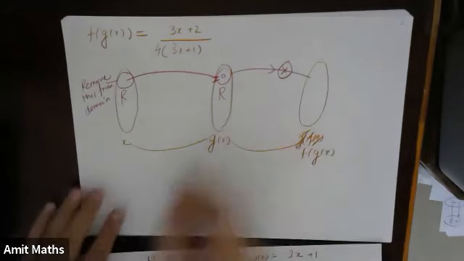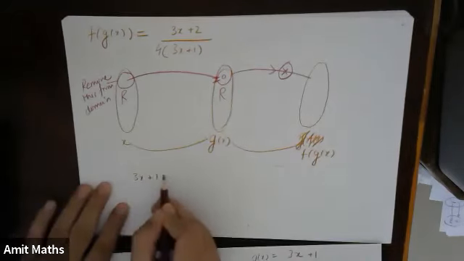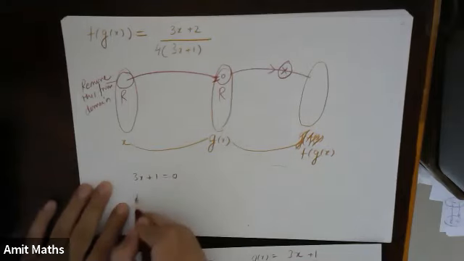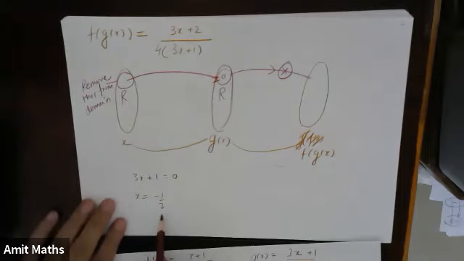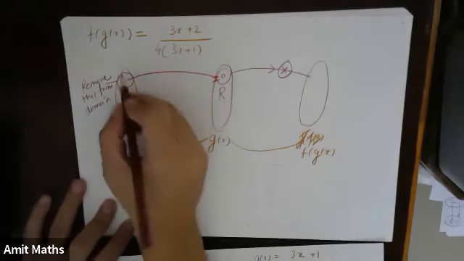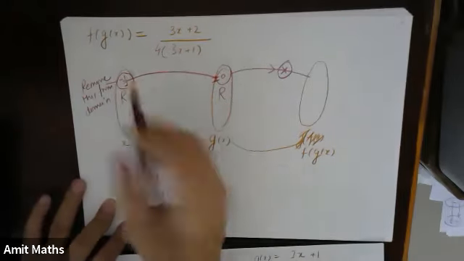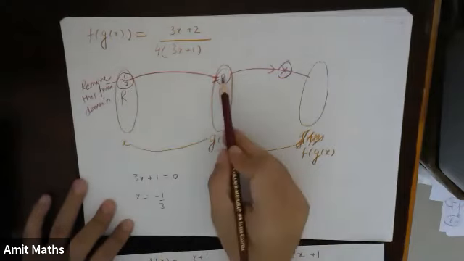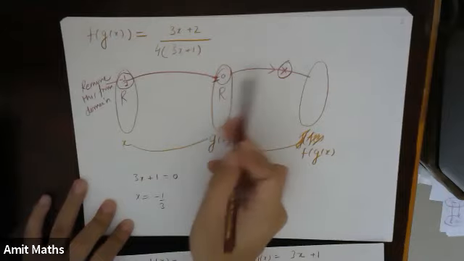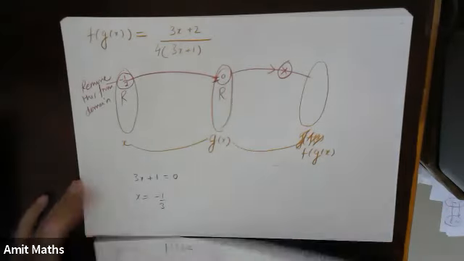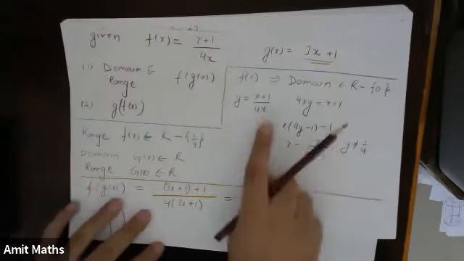So that means 3x plus 1 should be equal to 0. That means x is equal to minus 1 by 3. When it is giving you 0, this 0 will not take any input for f of x, because f of x's domain does not contain 0.